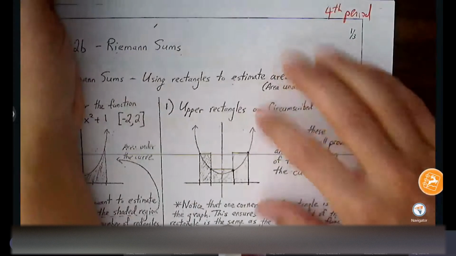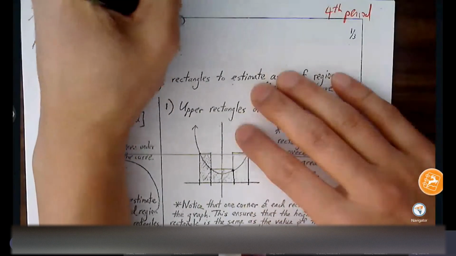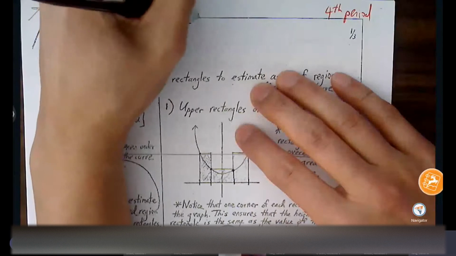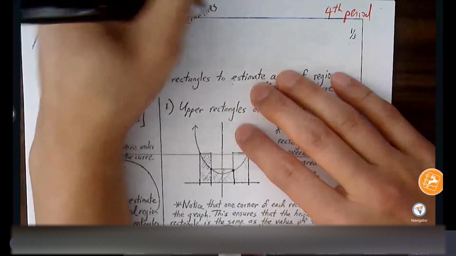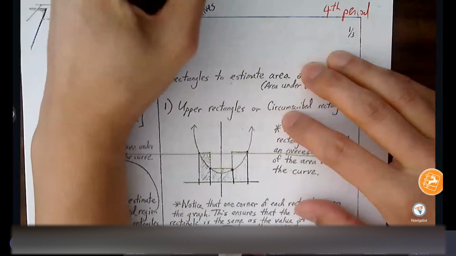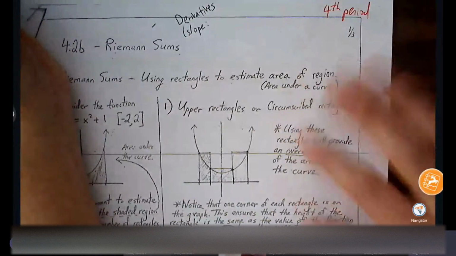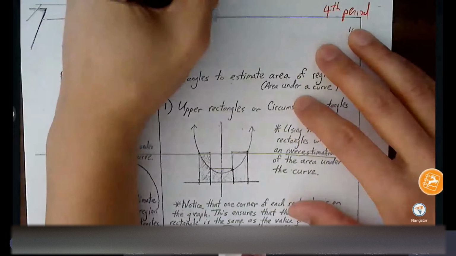So first semester was all about slope, all about derivatives, right? A derivative is just a fancy word for slope, right? And it's all about rate of change. And if you think about slope, slope is change in y over change in x, right?